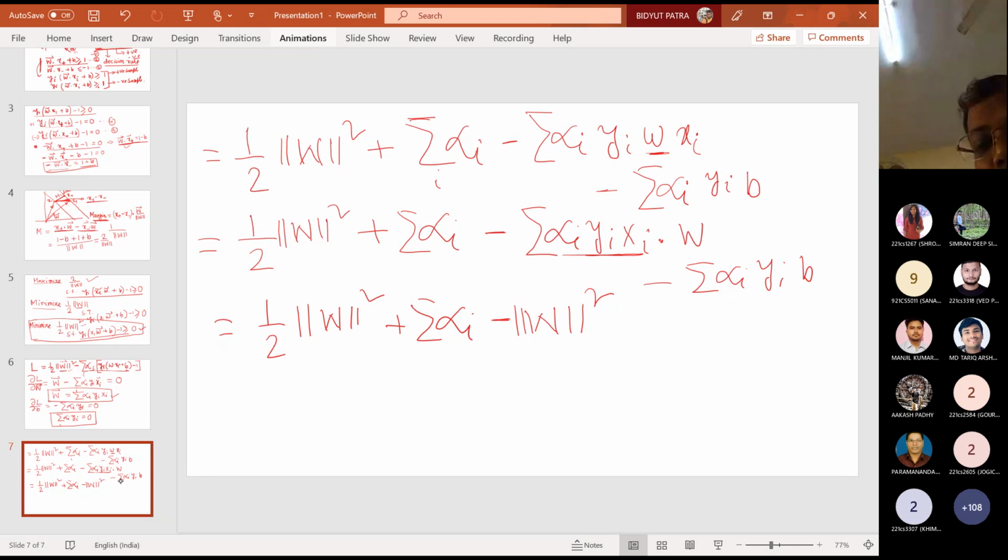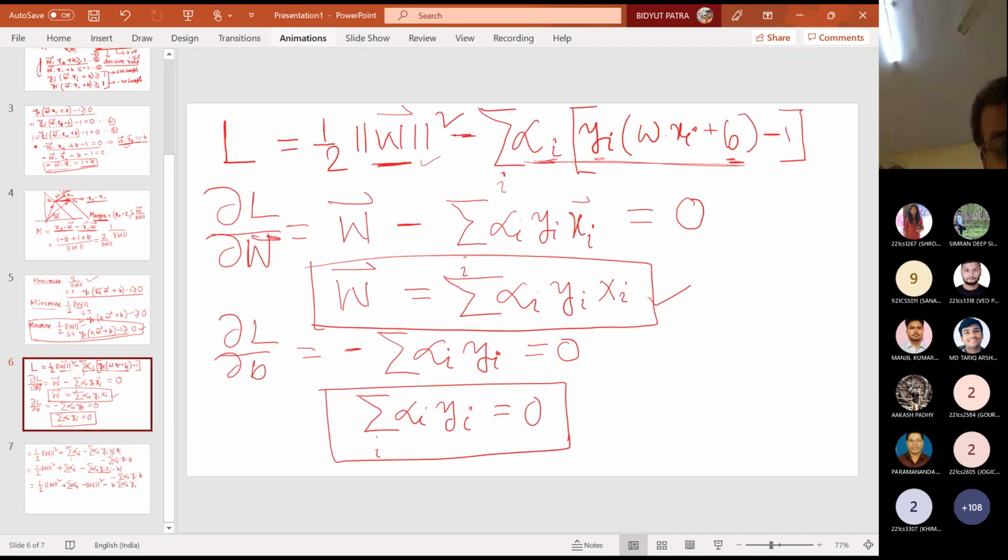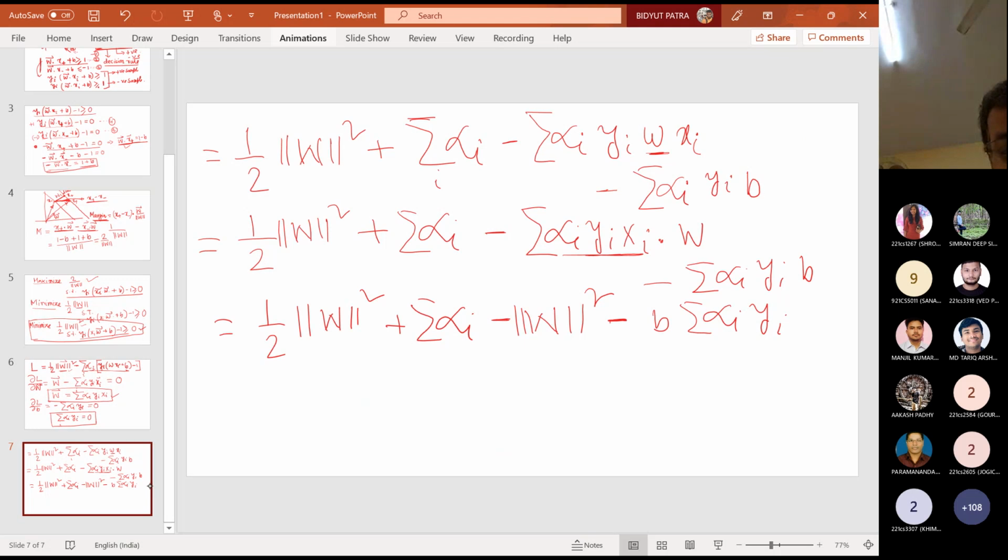And b multiplies the summation over alpha yi, which we have seen is 0. So therefore this is minus w square, so it is summation of alpha I minus half of w square.